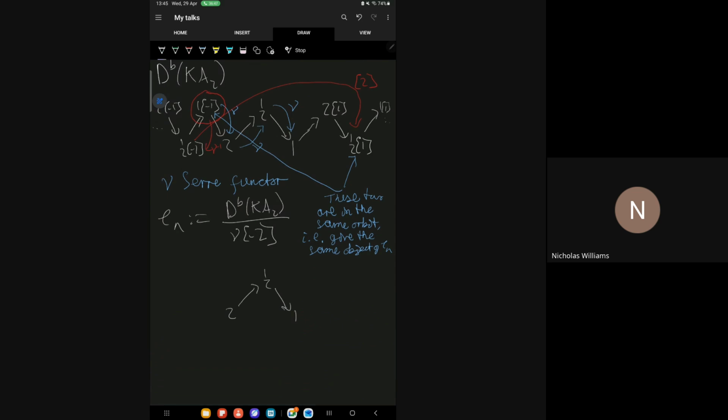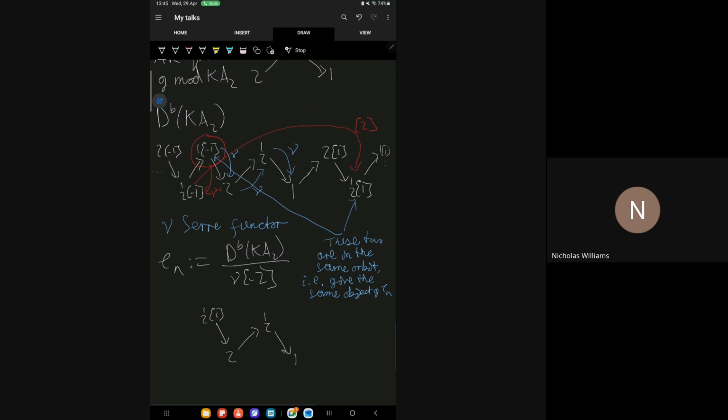So in fact, if we take 1, 2 shifted by 1 as a representative of the orbit, then that's the next object that goes here.